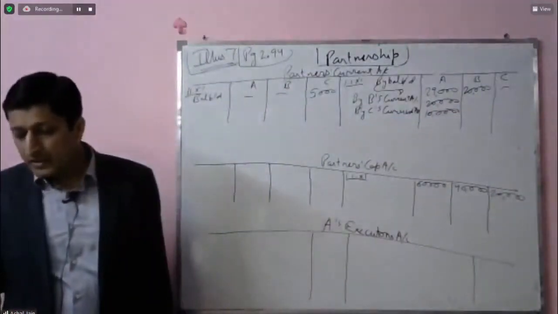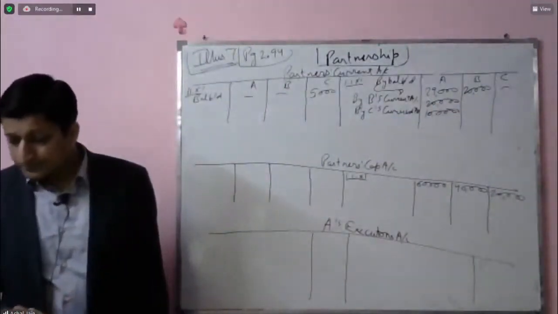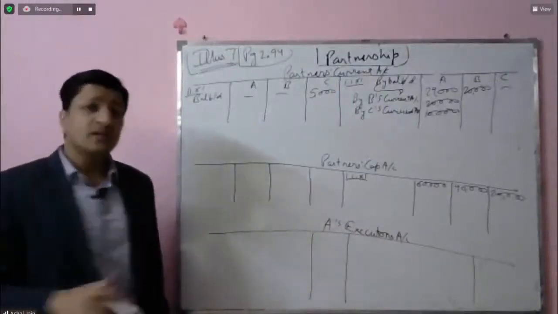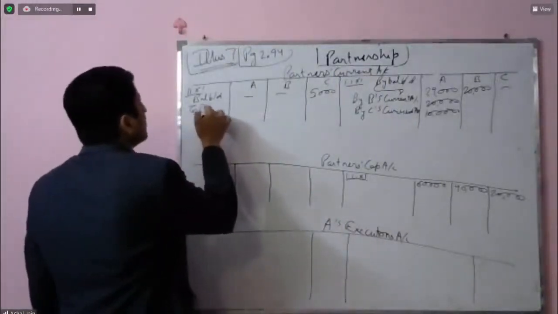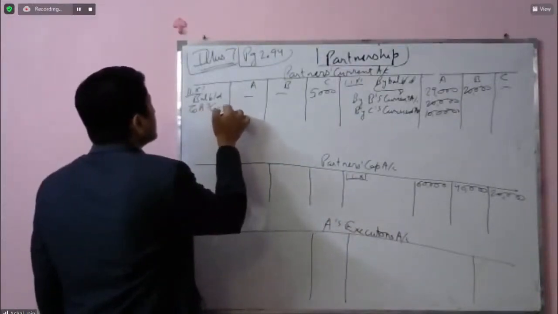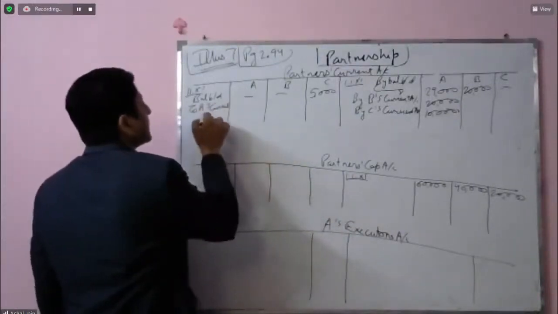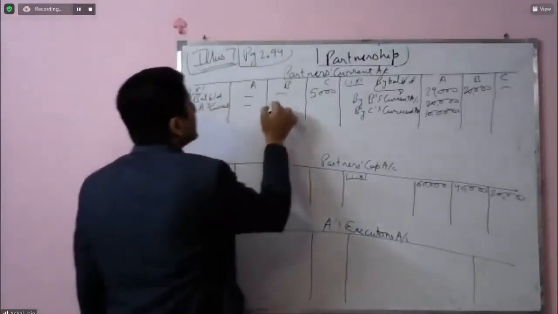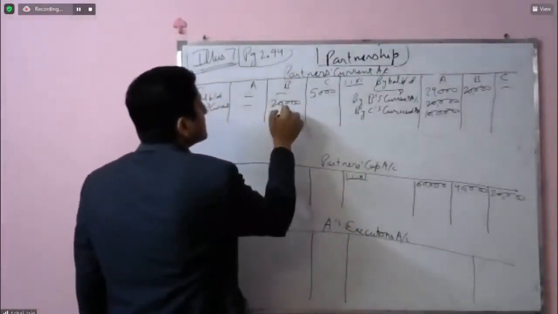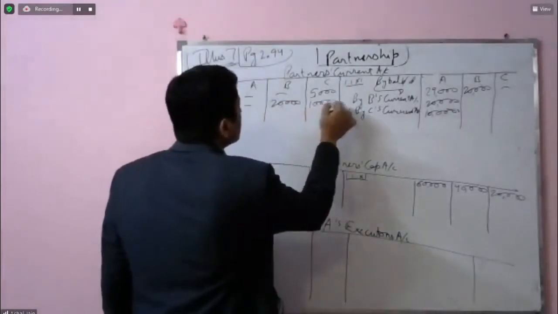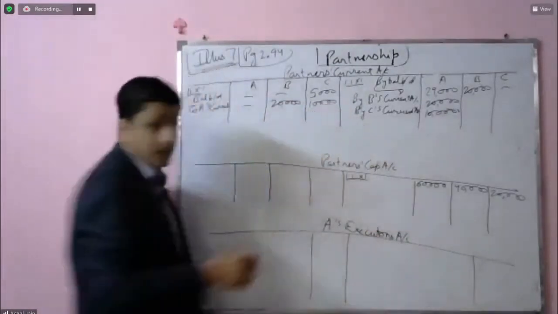And to the extent of this amount, this will get reduced from current accounts of B and C. 20,000 and 10,000.